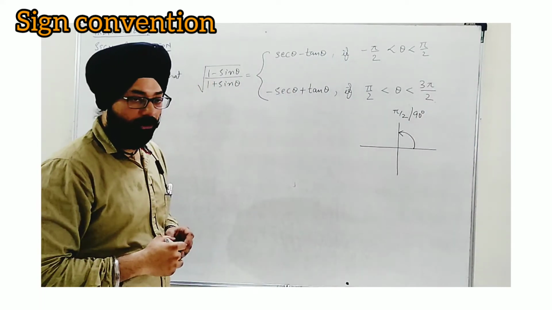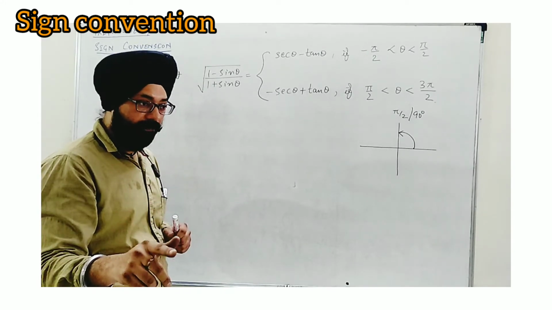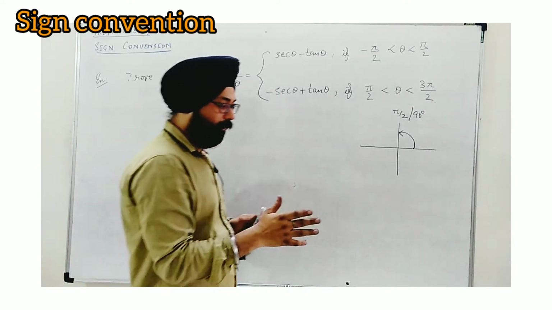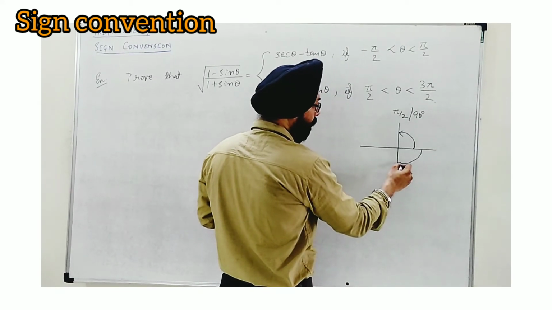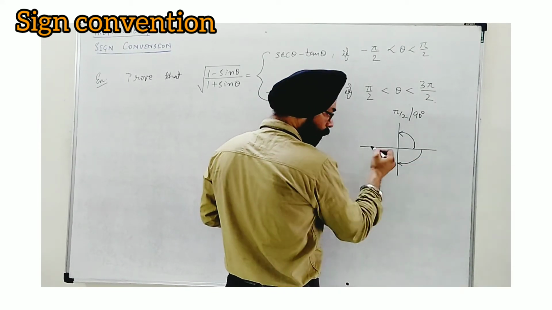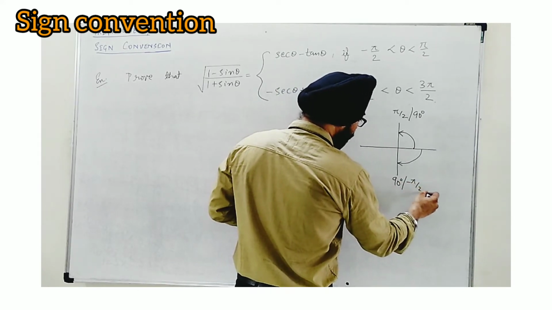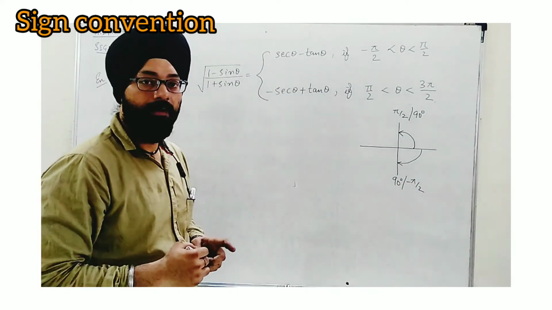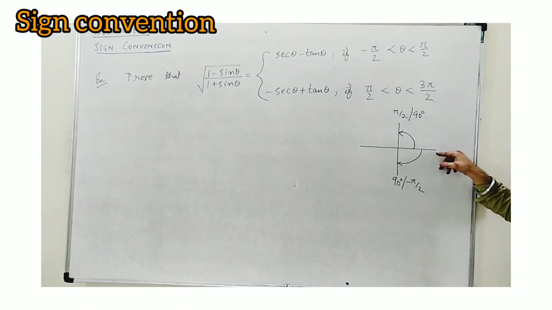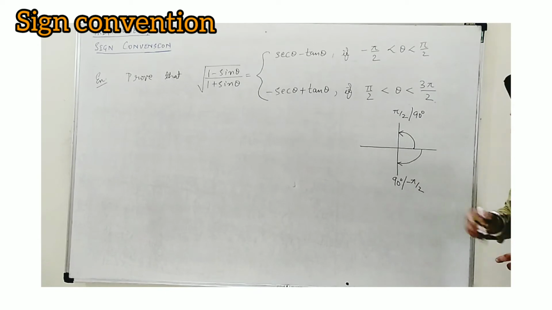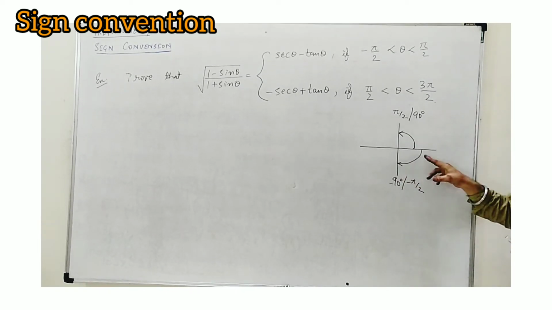If I go anti-clockwise, minus pi by 2, as in the beginning I explained, negative angles mean obviously we are going to clockwise direction. So from 0 we need to take 90 degree clockwise direction, means this position, minus pi by 2. So if I take 90 degree in negative direction, this will overlap with this y-axis in negative direction, obviously.